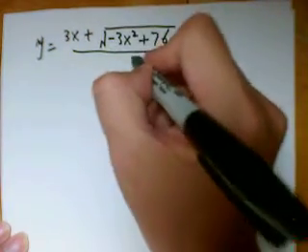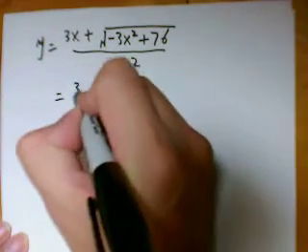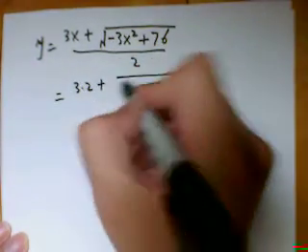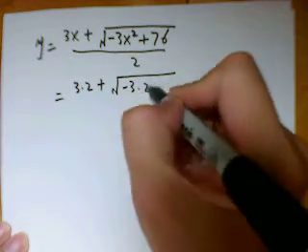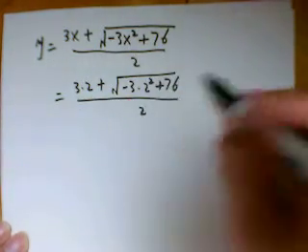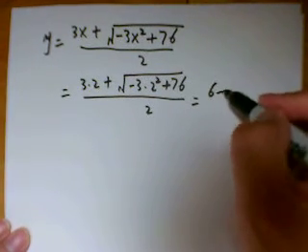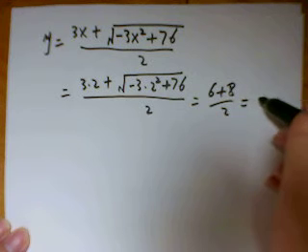Again we plug in 2, and we're gonna get 6 plus 8 divided by 2, which is 7.